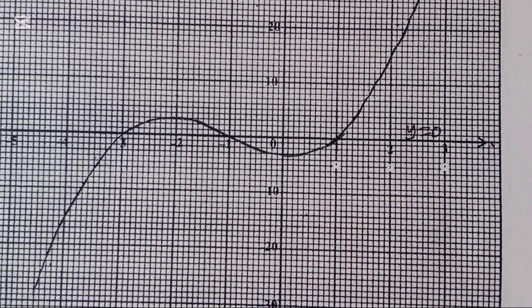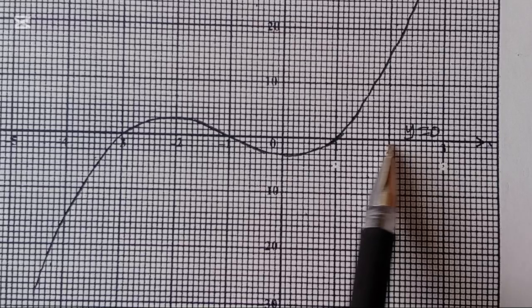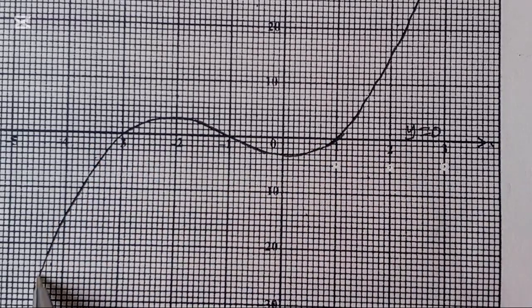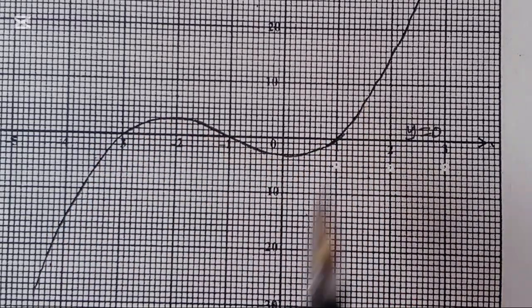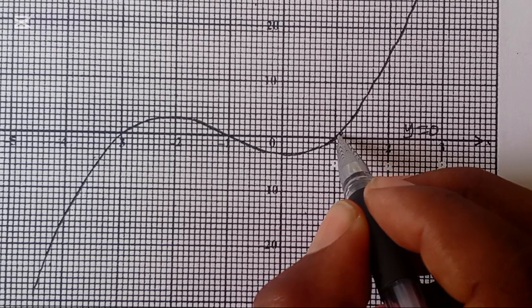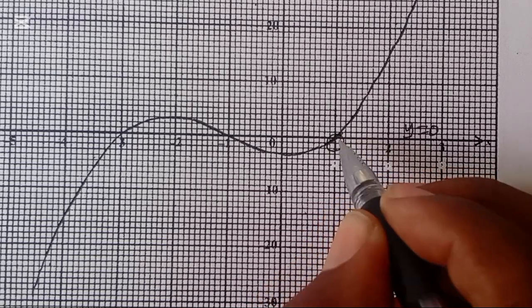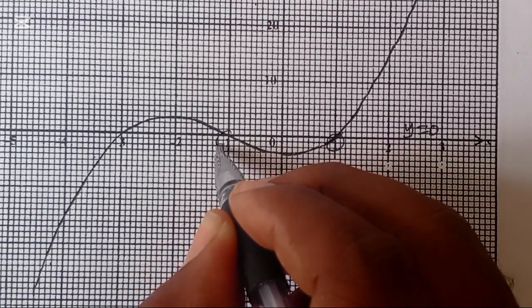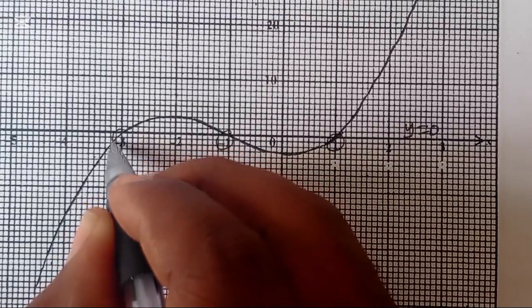So now where y is equal to 0 is intersecting with the general graph. That's where our answers will be. Remember that whenever we've been asked to solve, we always solve for x. So I'll solve for x from here. That is where the graph is intersecting with the general graph.